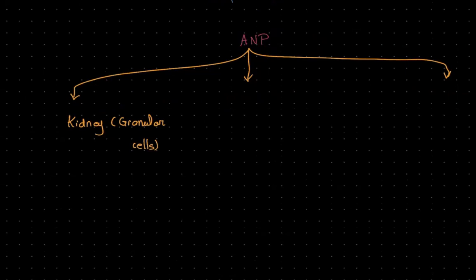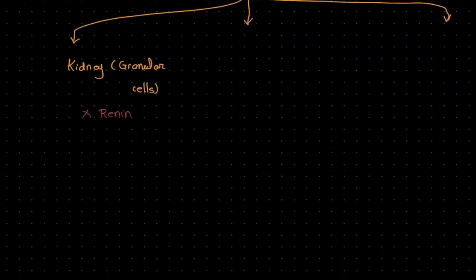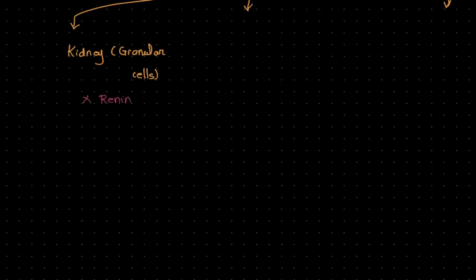It will prevent the kidney's granular cells from releasing renin. And remember renin is responsible for the conversion of angiotensinogen into angiotensin 1 that gets converted into angiotensin 2. So if you don't have renin, you don't have angiotensin 2.